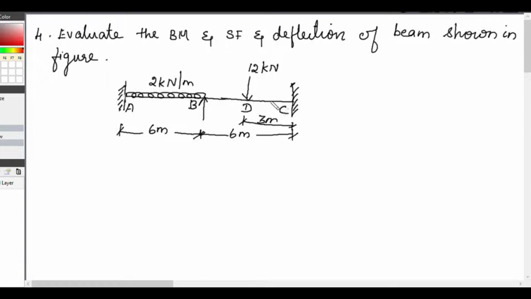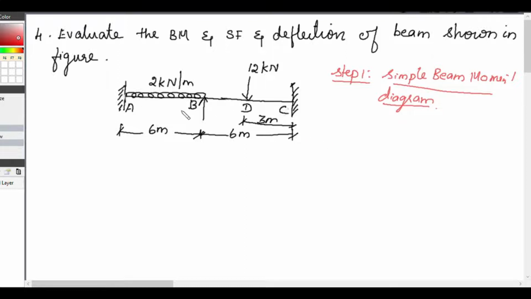Now we will move on to our problem. Okay, so our step 1 will be to draw the simple beam moment diagram, also known as our M-naught diagram.